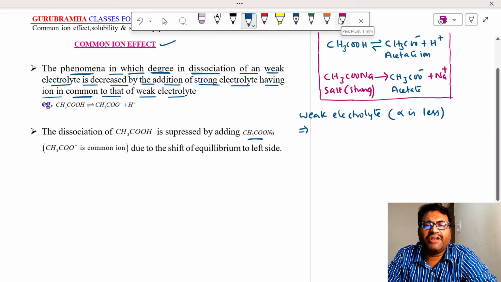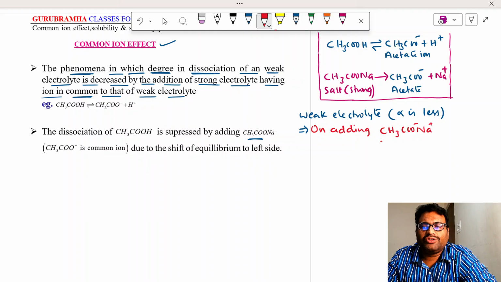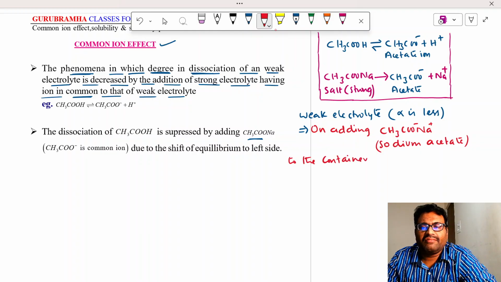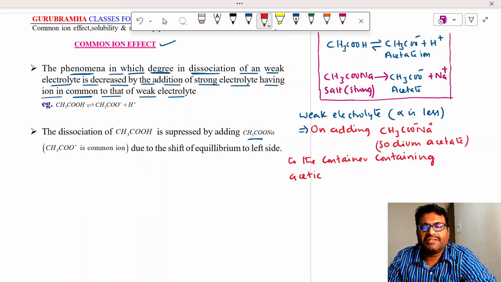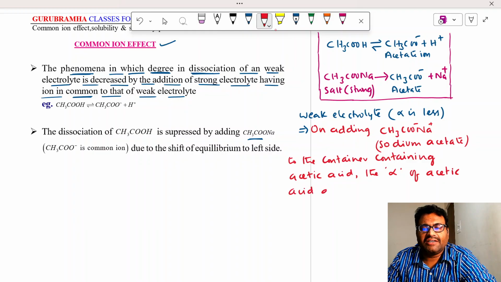So what you can write: on adding CH3COO minus Na plus, sodium acetate, to the container containing acetic acid, the alpha, the degree of dissociation of acetic acid, decreases due to the common ion.